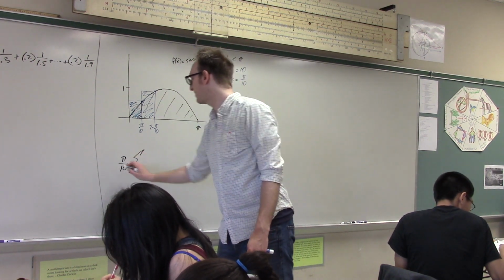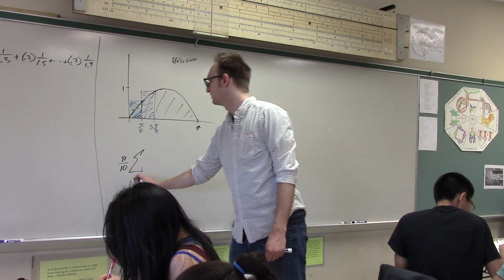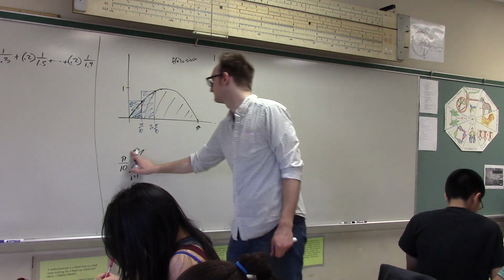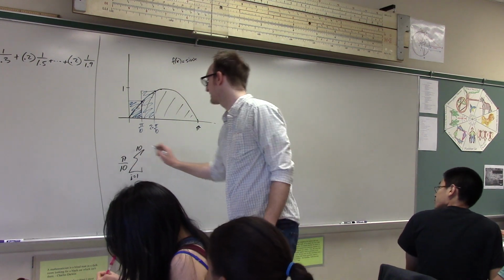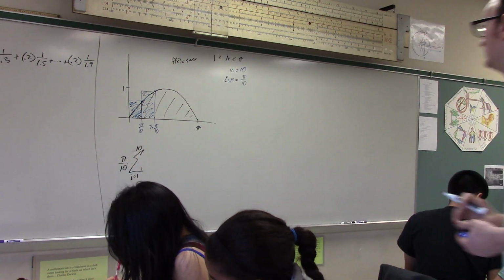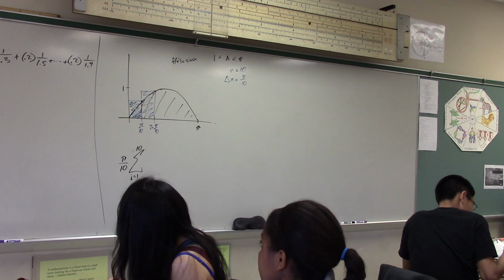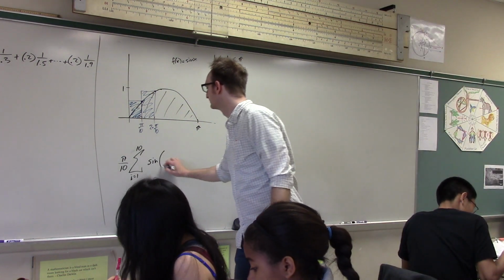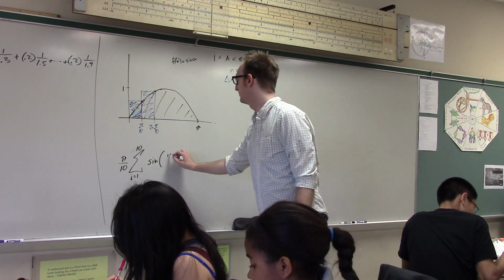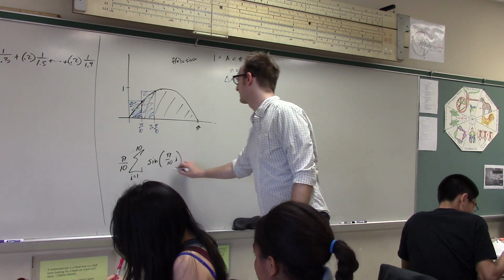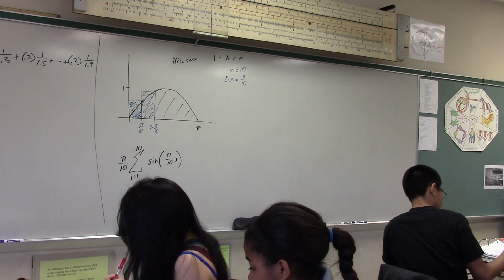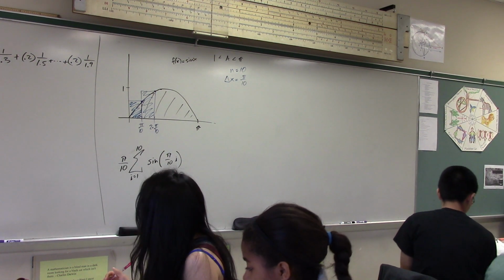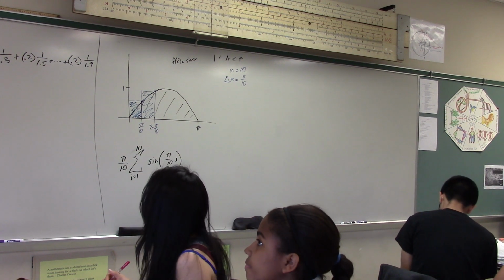Christine says take the pi over 10 on the outside, sum to n, or 10, because I'm doing 10 rectangles, of sine of pi over 10 times i. That's it. Each rectangle has width pi over 10, and height sine of pi over 10, sine of 2 pi over 10, et cetera.